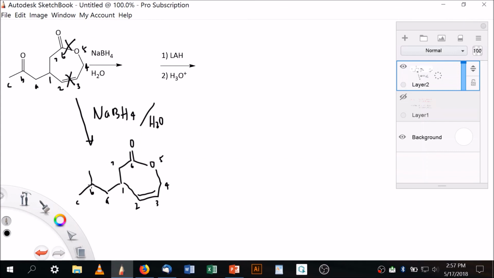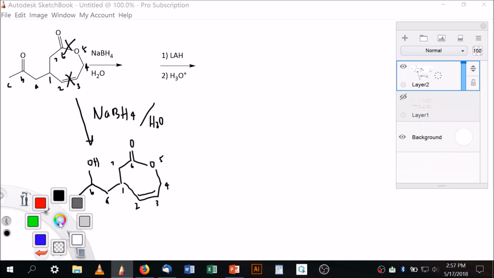And this carbonyl carbon, that's going to get reduced to an alcohol, right? Because sodium borohydride is not reactive enough to work with an ester, and it's not reactive enough to work with a double bond or an alkene, but it is reactive enough to work with a carbonyl, with a simple carbonyl, and that is an aldehyde or ketone.